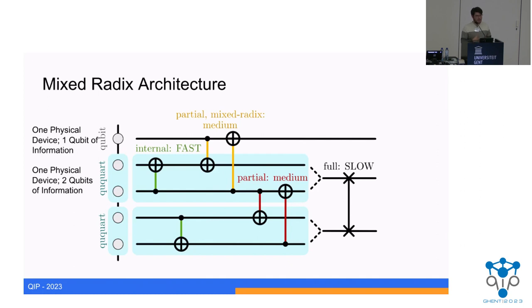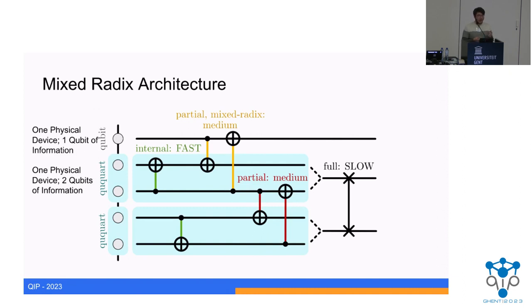In this adjusted picture, we get a sense for these inherent trade-offs, dictated by how expensive gates are between respective objects. Some gates on encoded information were fast. For example, internal to the Q-port in the middle, you can see that they're labeled as fast. These C-naughts between the encoded information are really quick. Their pulses are very short.